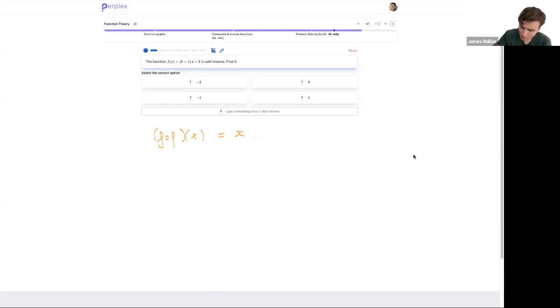So if I plug k plus 1 x plus 2 as x back into f, I'm going to do f of k plus 1 x plus 2, I'm going to get k plus 1, and then I'm replacing x with k plus 1 x plus 2, and I'm adding 2. That's supposed to be equal to x.